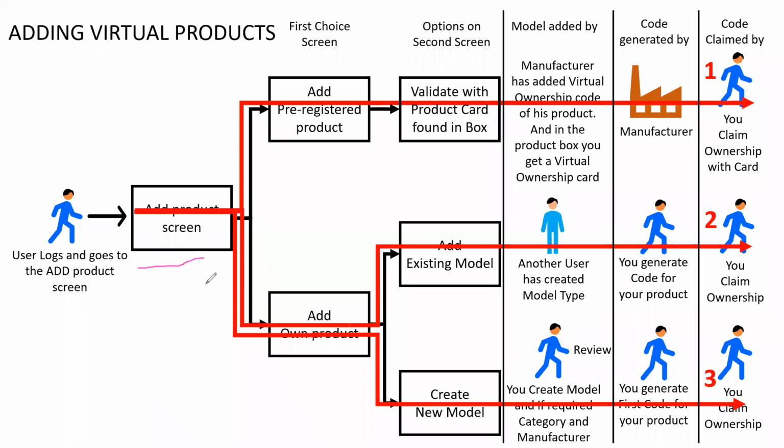So we are going to go here and look at this process. So we go to the add product screen, then create a new model, then generate the code and then claim ownership. So let's look at this process.